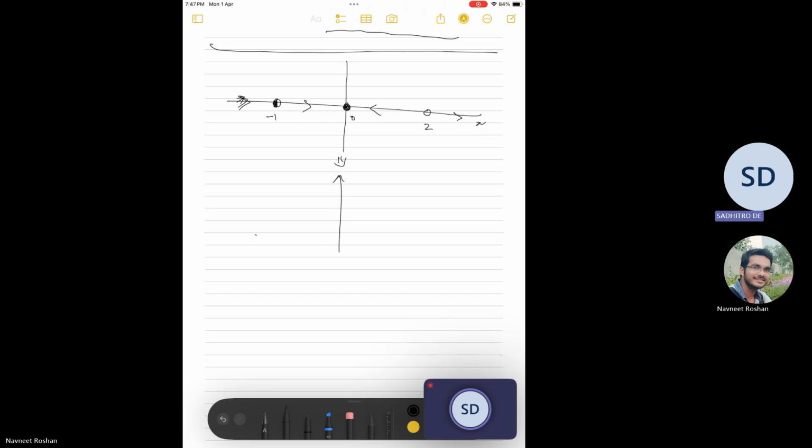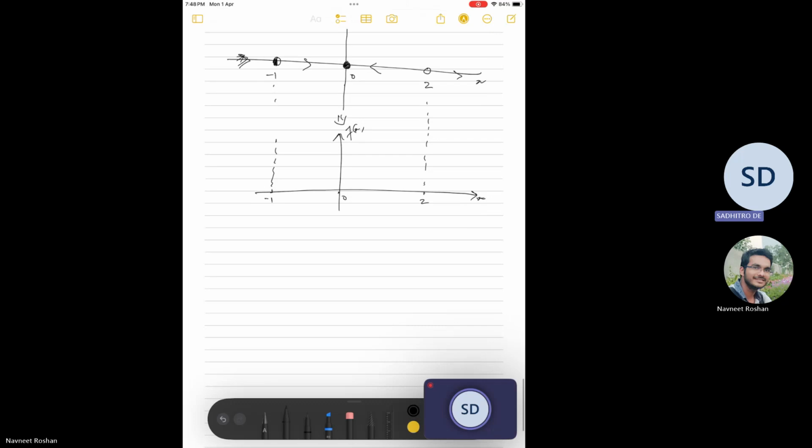Now if I have to draw f of x on the basis of this, so what will f of x be? The first thing that we know is that at this point it is 0, at this point it is 0, and at -1 it is 0, because these are the fixed points. 2, 0, -1 are the fixed points, so f of x is 0 over here.